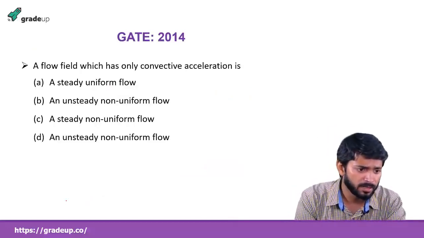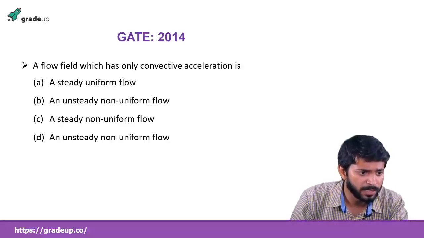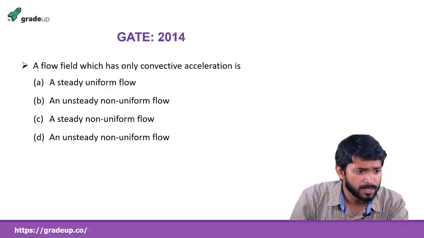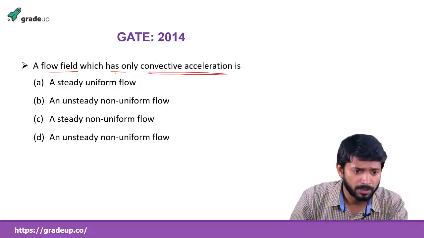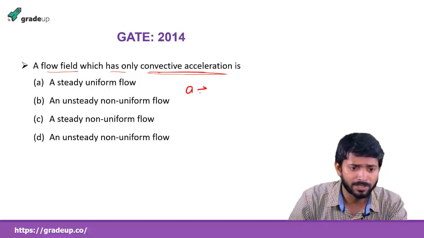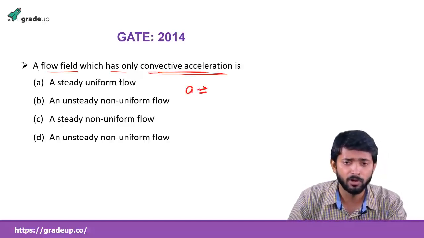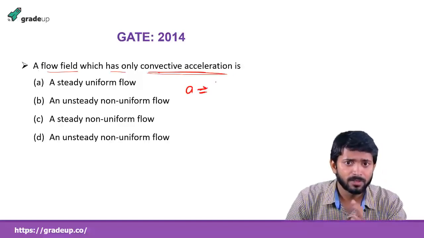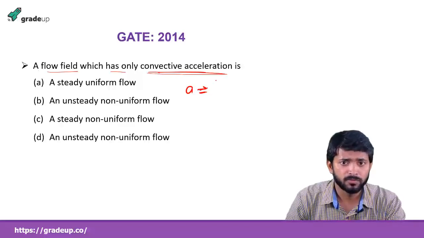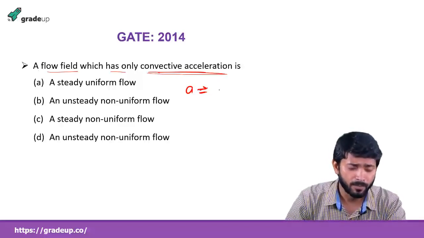Now let's take some examples from previous year GATE. Here it is asking about a flow field which has convective acceleration only. In the coming slide we will discuss the acceleration of fluid elements. Acceleration can be a function of space coordinates and time.